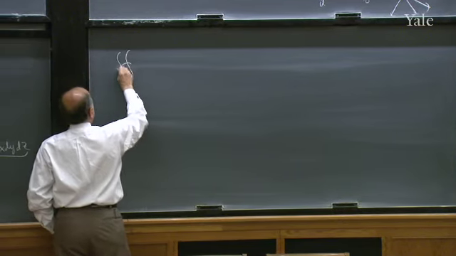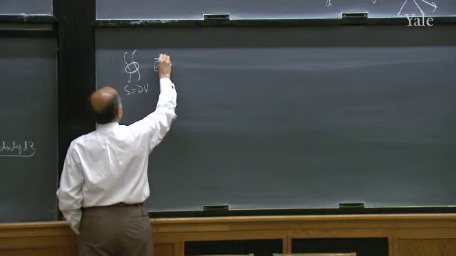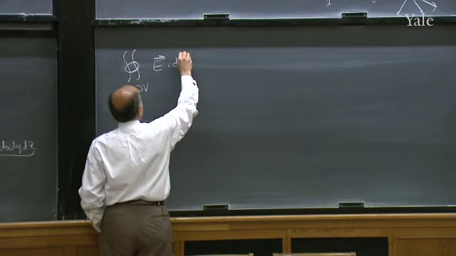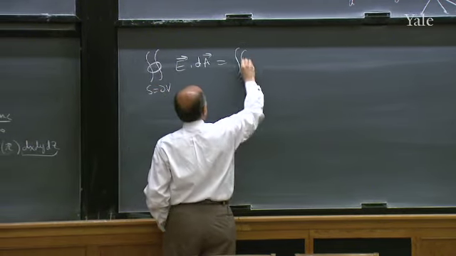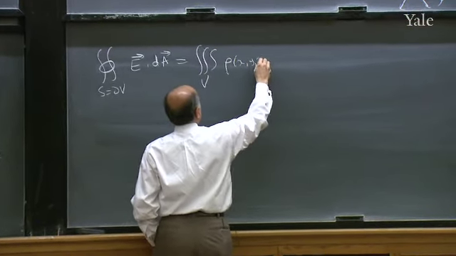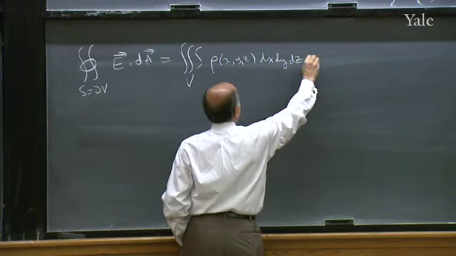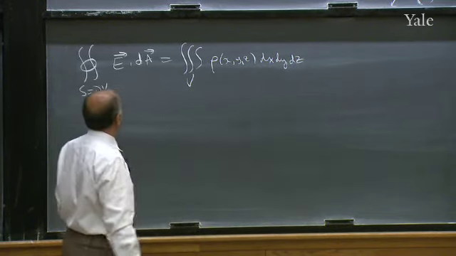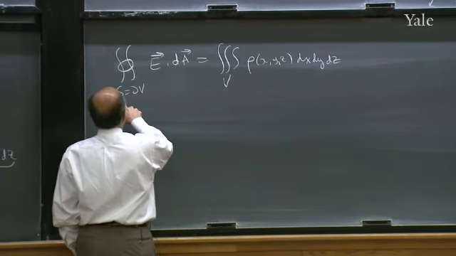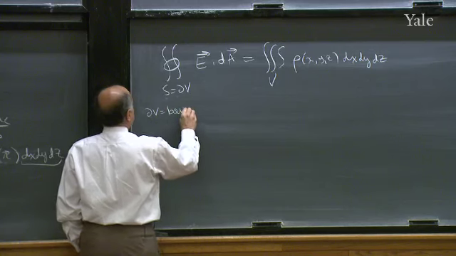I'm going to use the symbol, which is very useful. This is the theorem of Gauss. And S equals dV. dV is the boundary of S, of V.